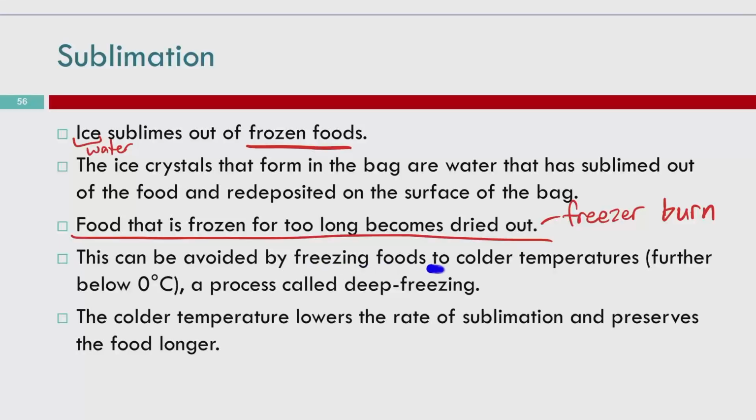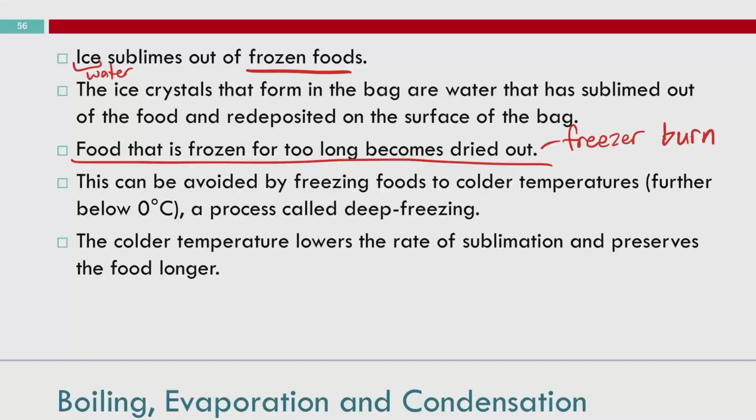You can avoid this by freezing foods colder than 0 degrees Celsius or whatever your freezer's set to, which is deep freezing. So if you've got stuff that you're going to be holding for a long time, like if you've got somebody in your family that hunts and you're getting a whole carcass of deer or something, you probably invest in a deep freezer so that you can keep it for long periods of time and it stays good.